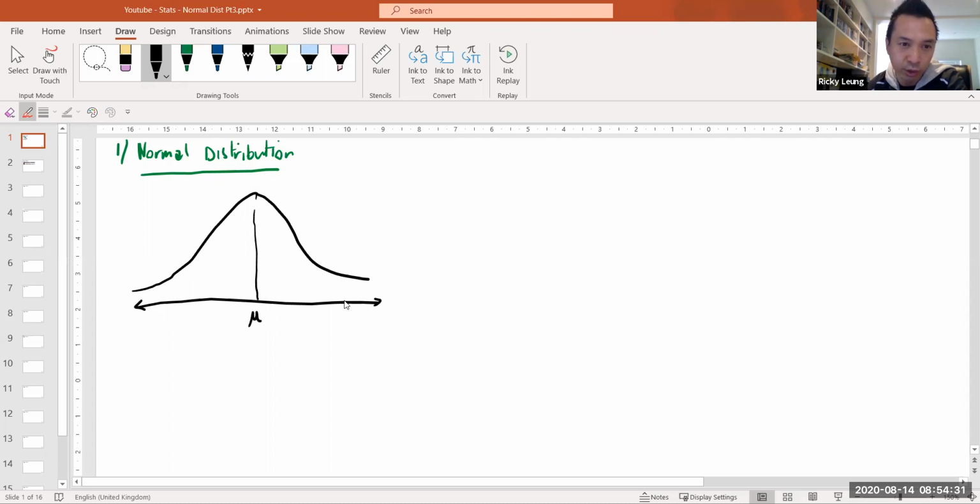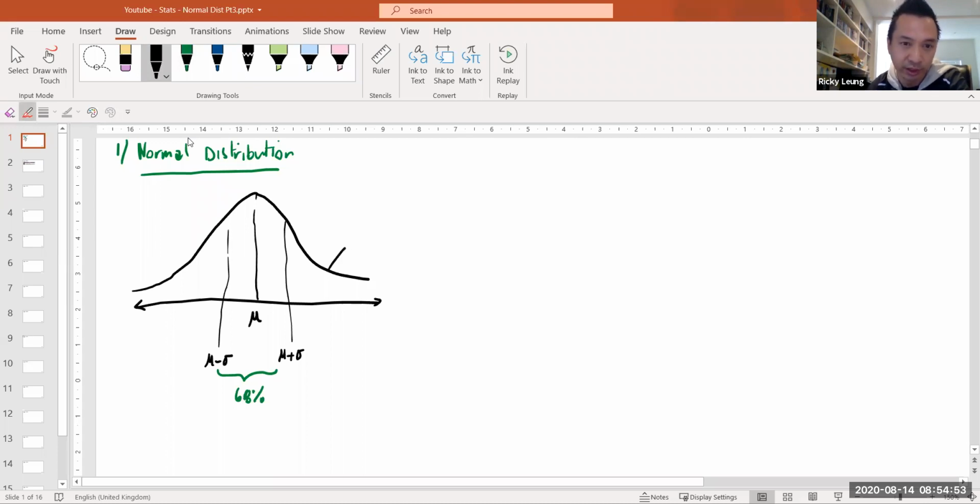And then to each side, if I take one standard deviation away, so this is mu plus one standard deviation and mu minus 1, we know that that comprises 68% of all outcomes if it's normally distributed.